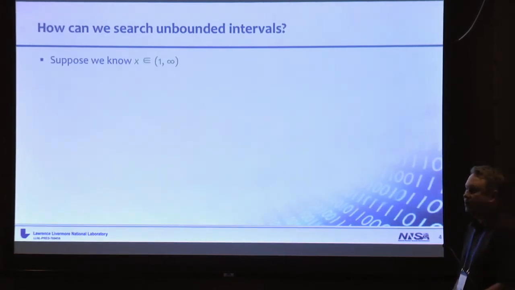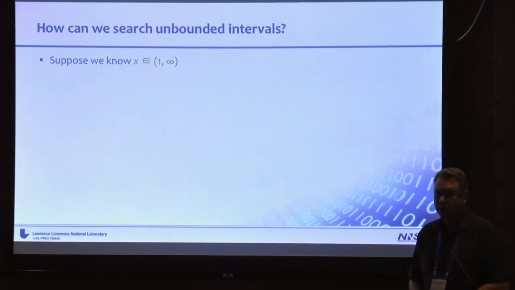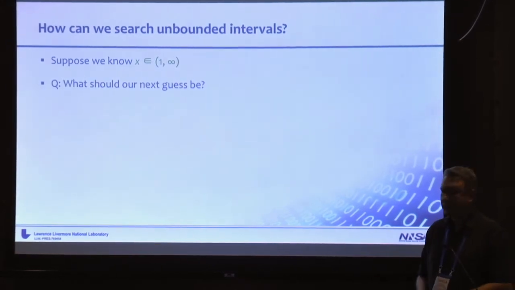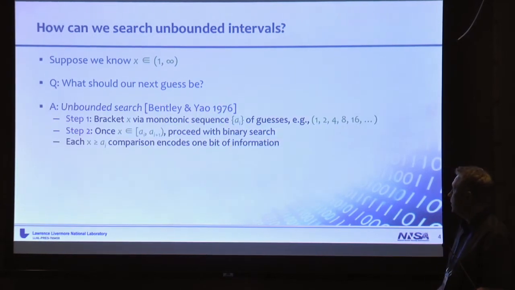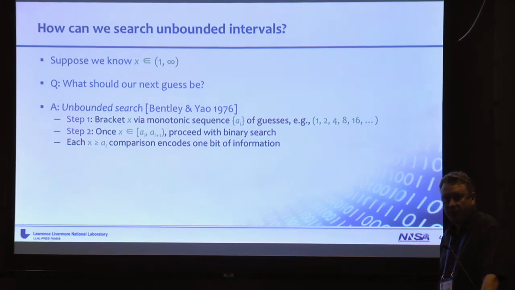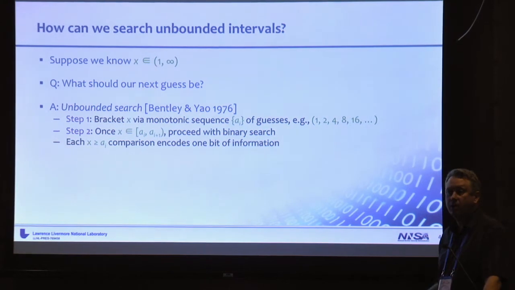Suppose now that we know that the number is larger than 1, but it's in this unbounded interval. So what should our next guess be? One answer to this question was made back in 1976 by Bentley and Yao, where they presented what's called unbounded search. The idea is that we start with the number 1, and then we create a monotonically increasing sequence of guesses until we've bracketed the number.